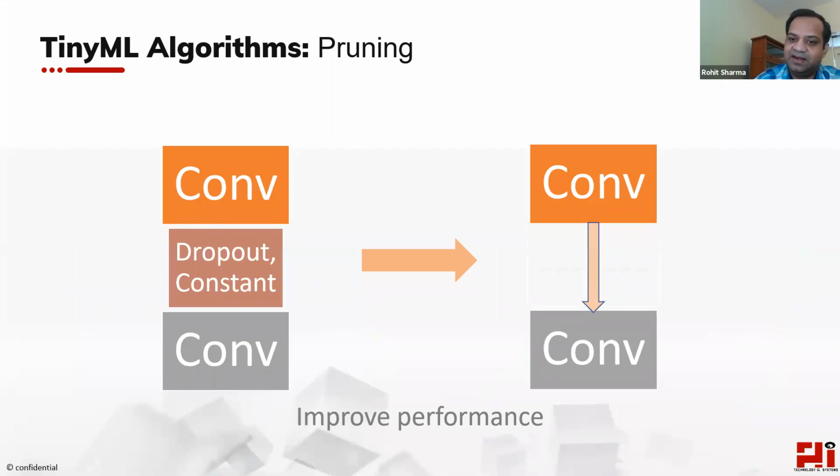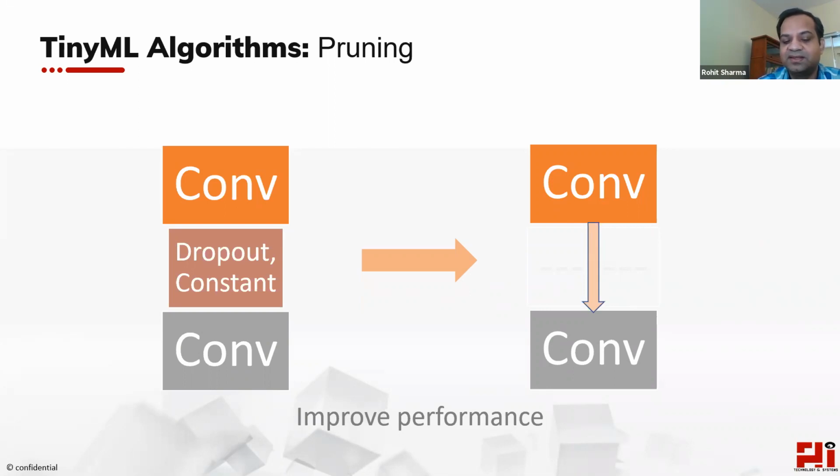I'm running out of time, so I'm going to cruise through some of the algorithms used in our framework. If you are familiar with Vision AI, generally these networks have some unnecessary layers that are only useful for training.